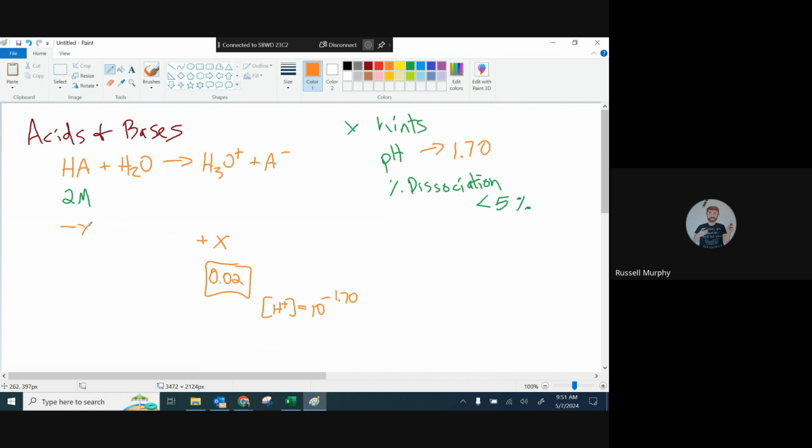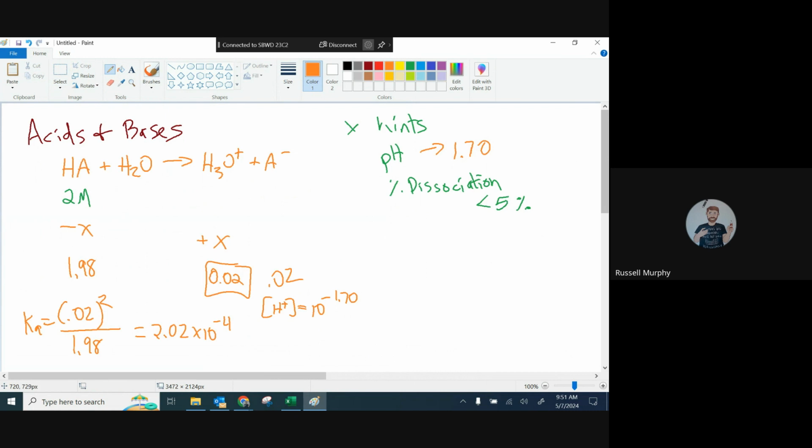So the value for subtracting x is 0.02, which means this is 1.98 this time. And this is also 0.02. And so we do 0.02 squared divided by 1.98 to calculate our Ka. And we get a Ka of 2.02 times 10 to the minus 4th.